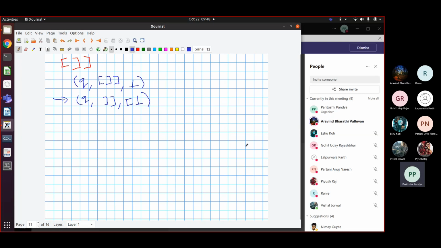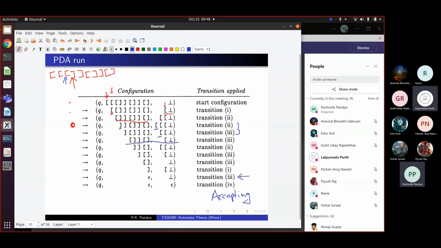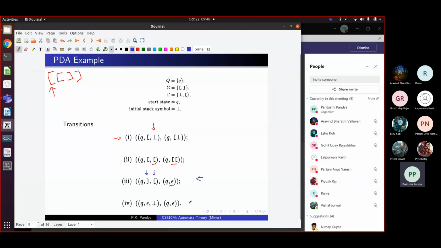Yes. Now Parth, what is the next rule? What is the next letter to be consumed? Which rule will you use? The third one. Yes, that is done on the closing bracket letter, and it substitutes the left bracket on the stack by epsilon.